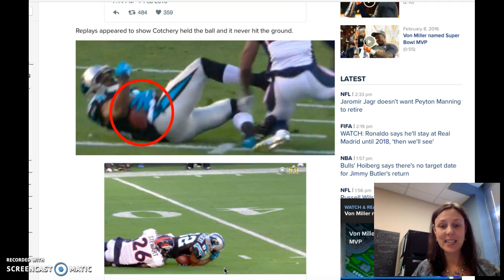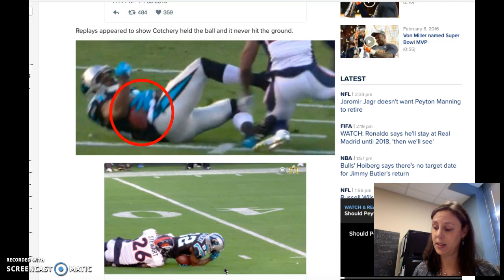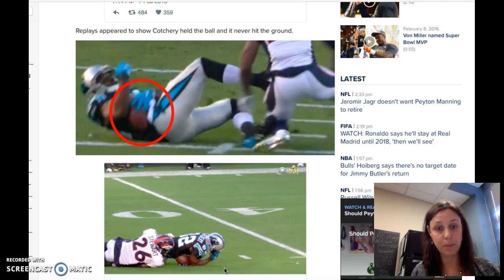There was not enough evidence when the referees reviewed the videos to change the decision. So they found in favor of the null hypothesis in that case because the data best supported that. So there was no catch. And the ruling on the field stood.